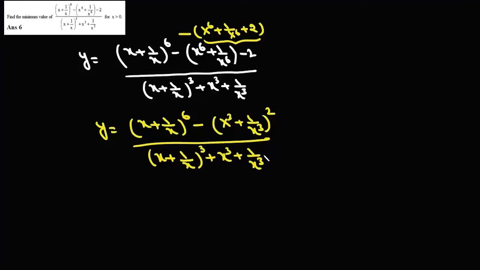Now in the numerator we have x plus 1 upon x to the power 6. We'll write this as x plus 1 upon x to the power 3 whole to the power 2. Now this is a square minus b square.